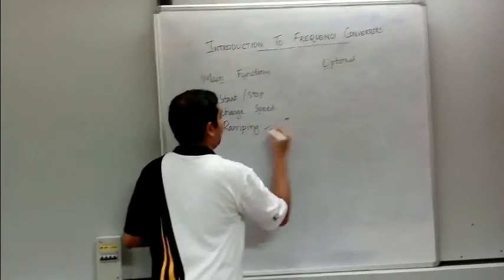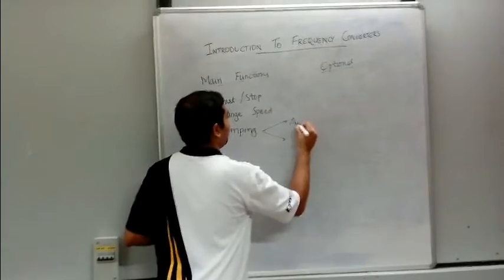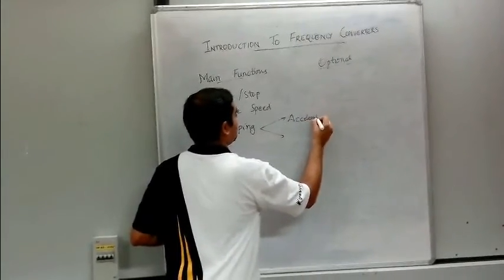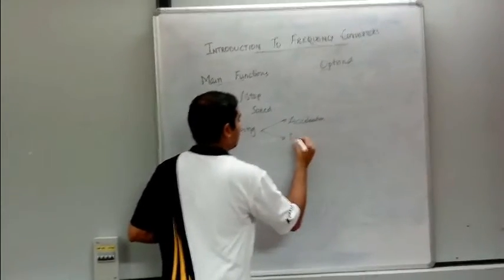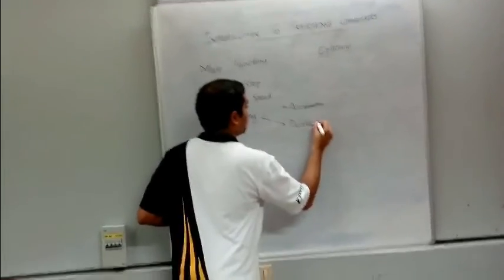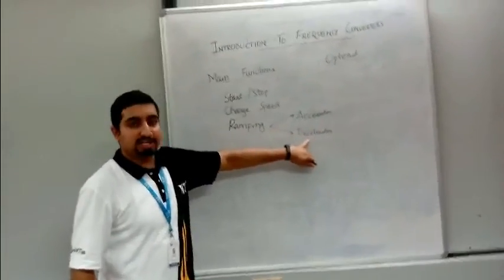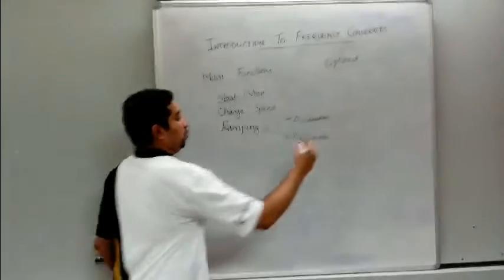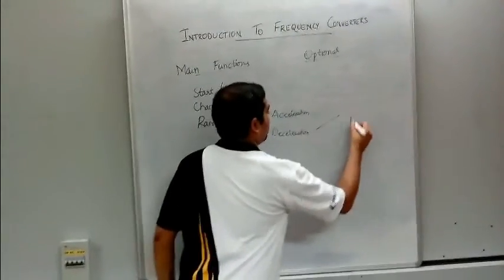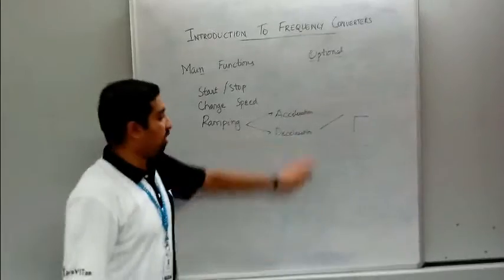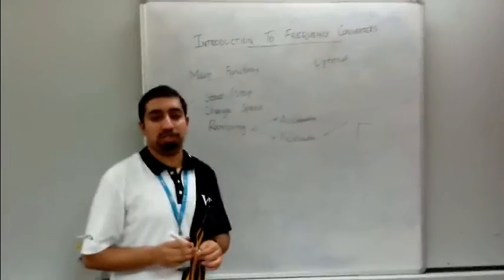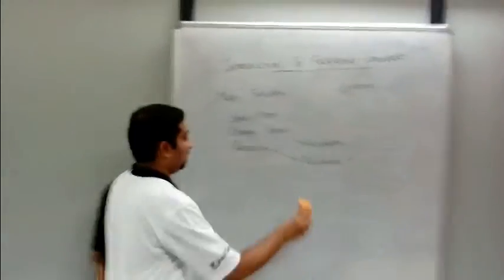And ramping can occur in two ways. It can occur in acceleration function or a deceleration function. Meaning, you are either increasing the speed or decreasing the speed. In either way, it should work as a ramp and not as a sudden change. It should work as a ramp and not as a step change. So this is one of the functions.